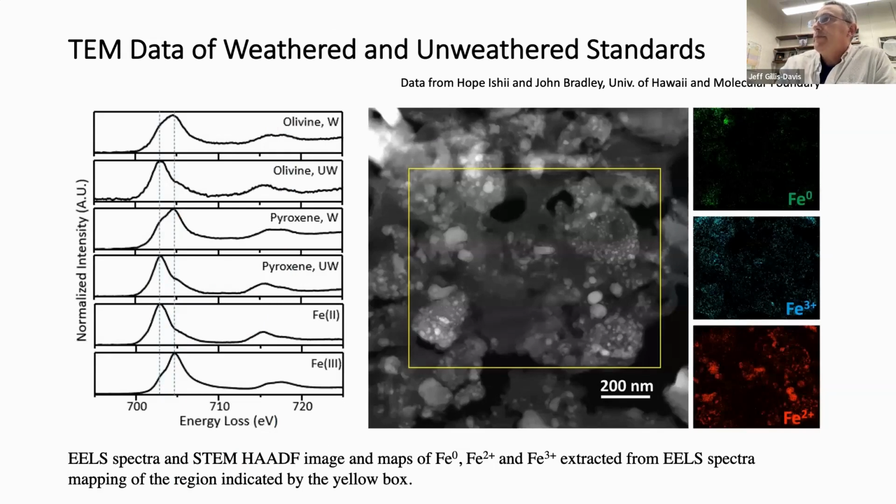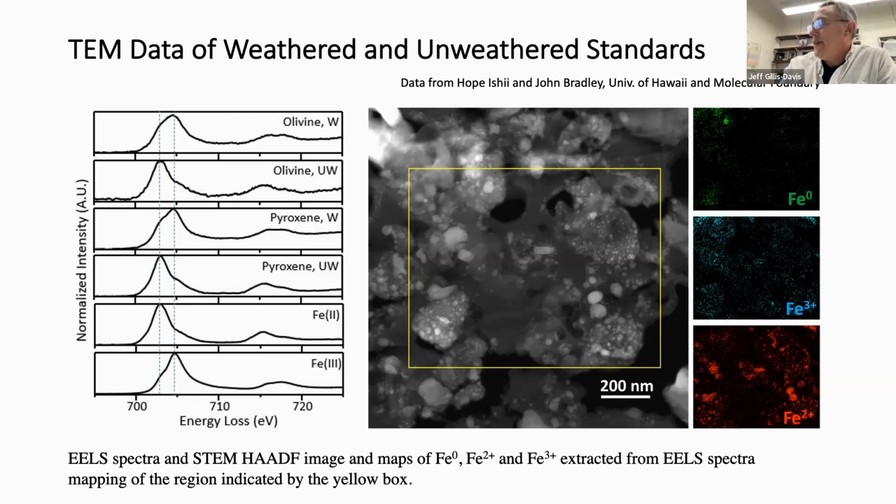Looking at these samples under TEM and EELS, the EELS spectra is on the left, and we have a STEM HAADF image on the right, where we've mapped out the green image shows iron metal within that yellow area. The next image, the blue or cyan, is the oxidized Fe3+ material.